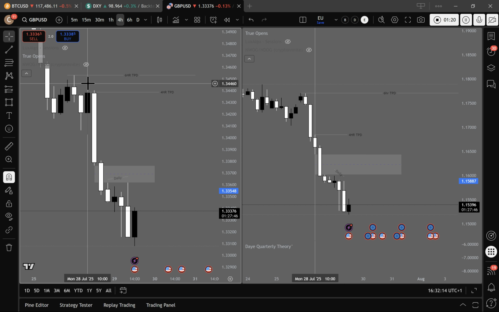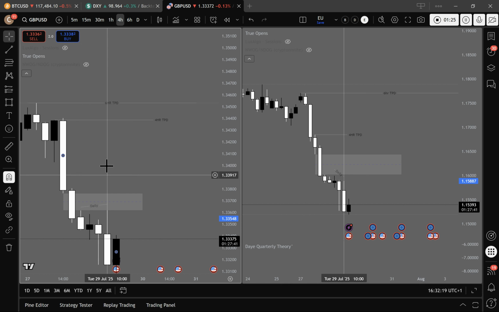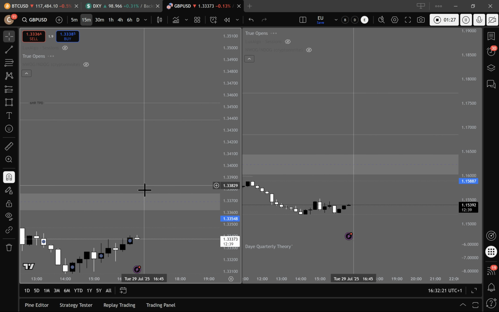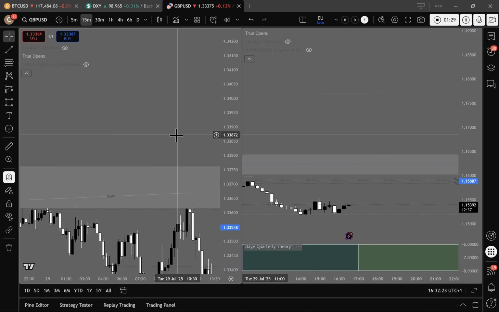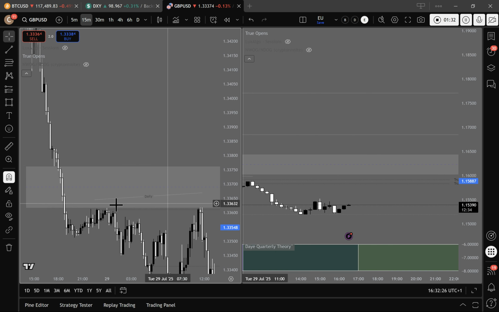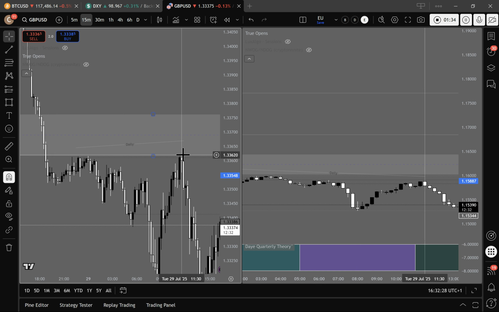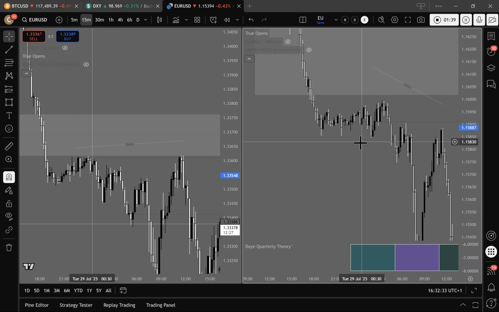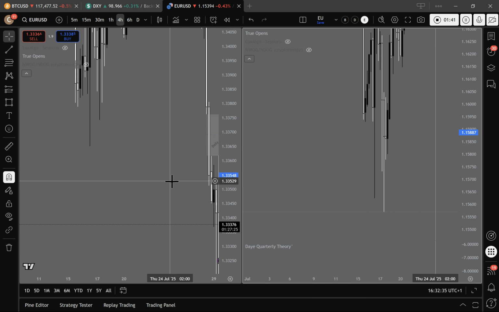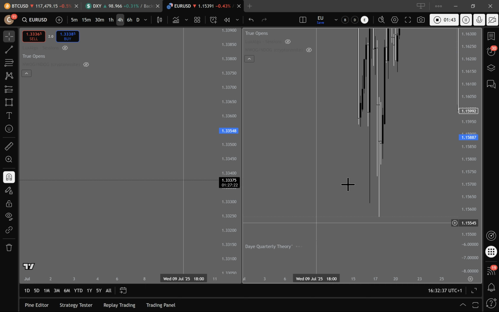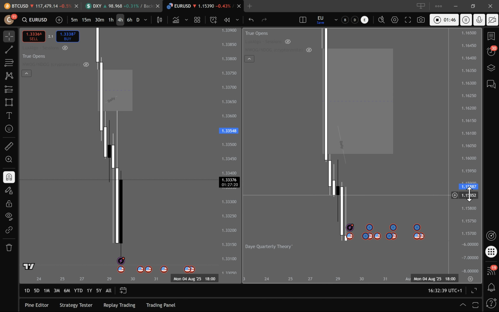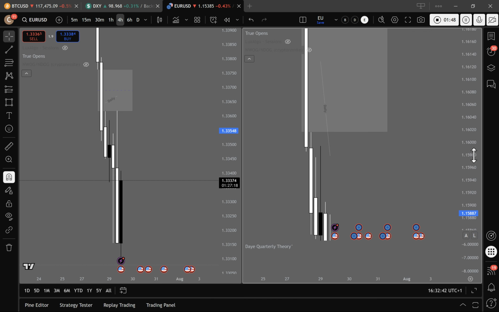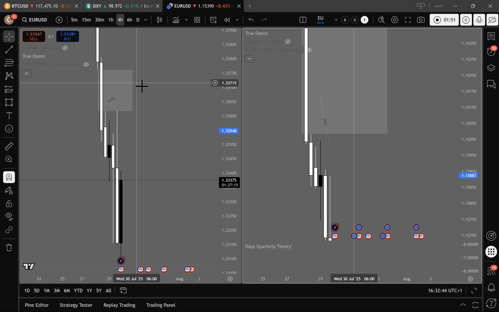So we have a 4 hour TPD yesterday on the Monday, and then if we go down to the 15 minute, which is where mainly my trade was done, we have a daily SMT with also a combination of a 4 hour SMT fill. Arguably, it's not. I'm not sure. I'm quite skeptical on it because if you look here, this is where we have the bigger SMT on GU, but for EU, it's this.